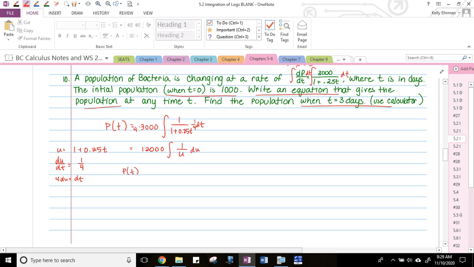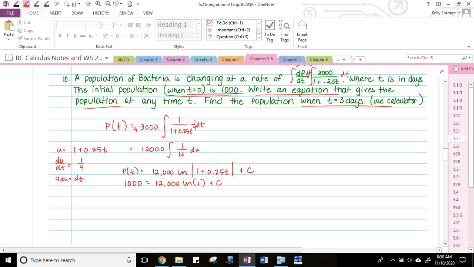So P of t is equal to 12,000 times the natural log of 1 plus 0.25 t plus c. We need the equation that gives the population. So now we use that initial condition. P of 0 is 1,000. So the population is 1,000 when t is 0. 12,000 times the natural log of, when t is 0, this is natural log of 1.